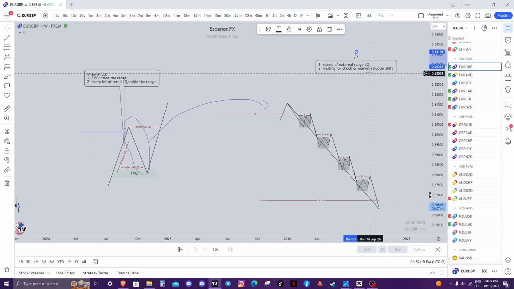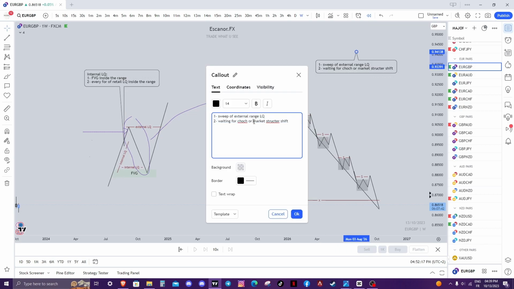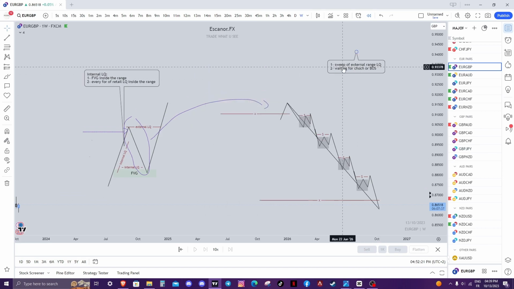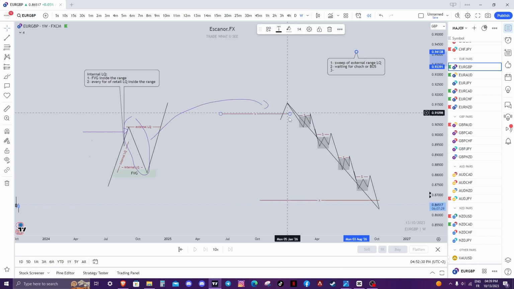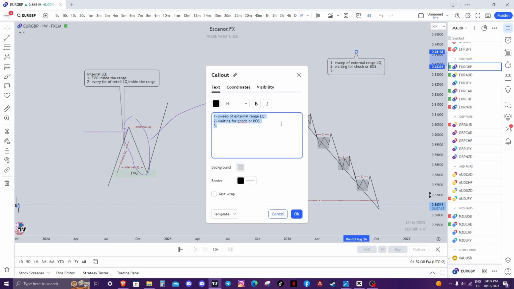So let's say here, vertical structure. That's the third point of our strategy: waiting for or looking for the first point of interest here, and then we're going to use the Asia session liquidity to scroll with multiple trades, okay?